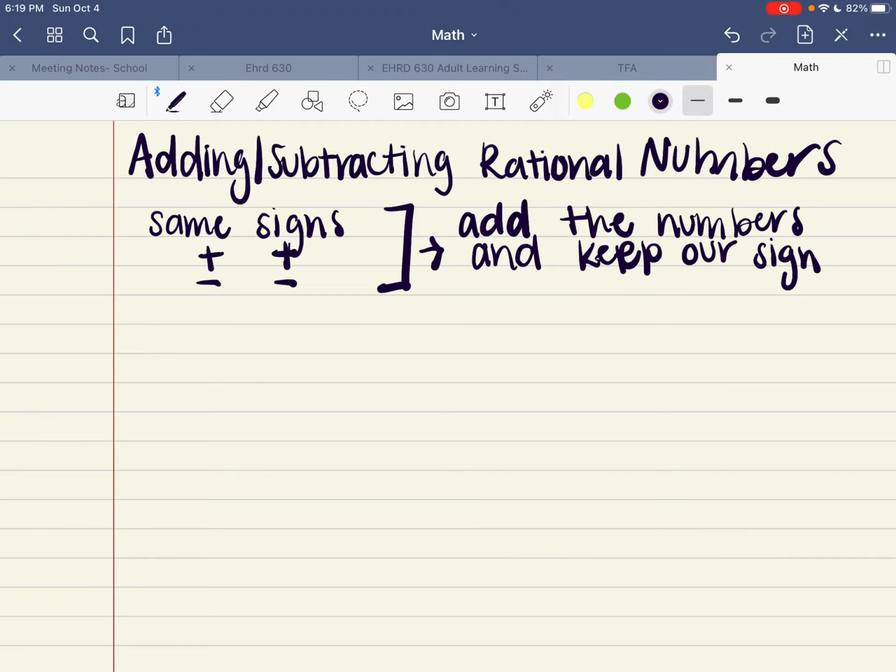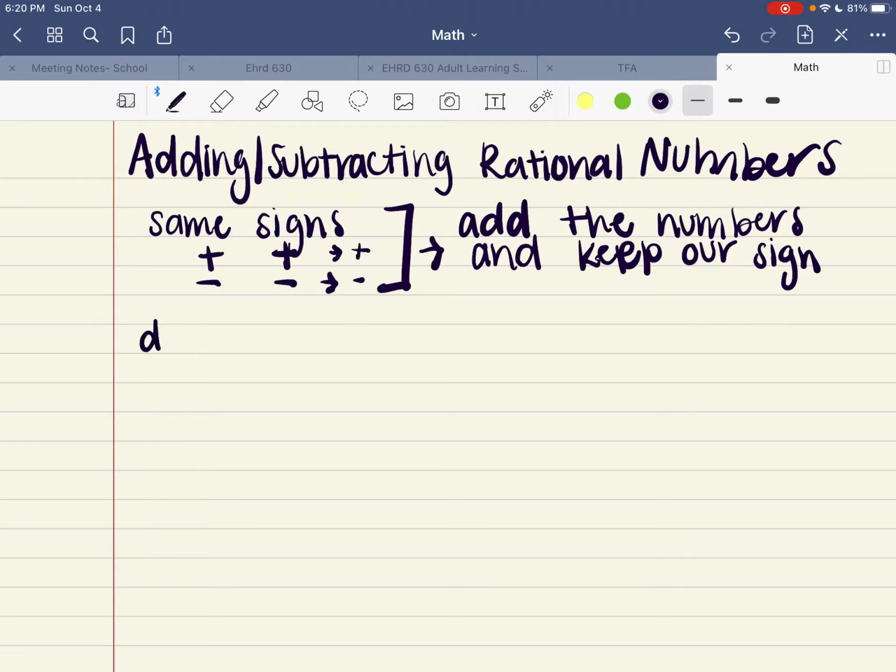So if we have positive, it becomes a positive, right? A negative, it stays a negative. So we're going to just add the two numbers and keep the sign. So if it was positive, then it stays positive. If it was negative, it stays negative. And if they don't have it all written down, that's a time we can pause and give those instructions.